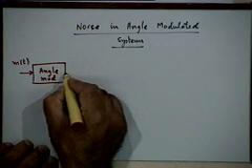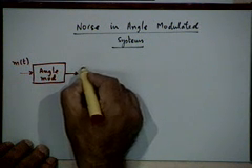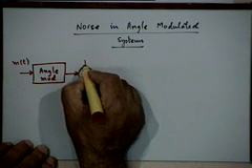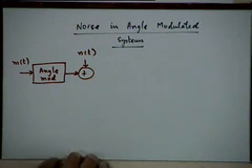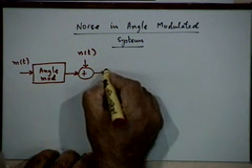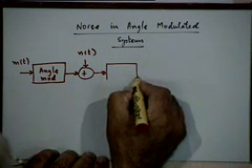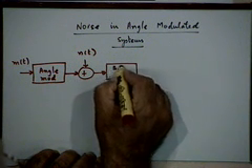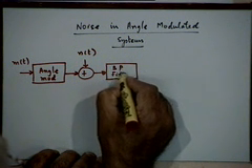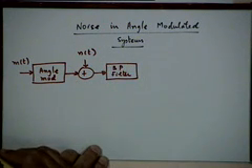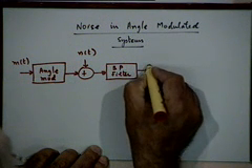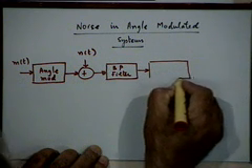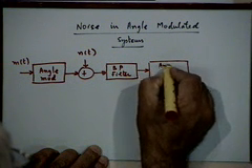Right? Then you have the channel which introduces noise. Okay. At the receiver, at the front end, you select your signal of interest using a band pass filter. This is followed by the angle demodulator.